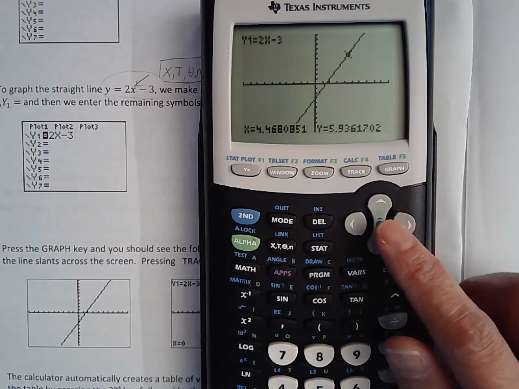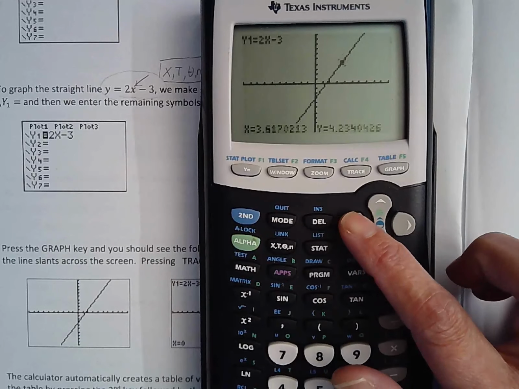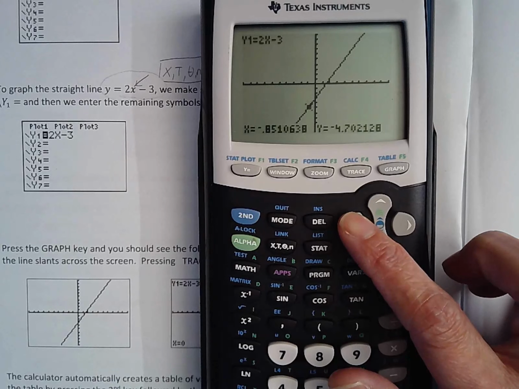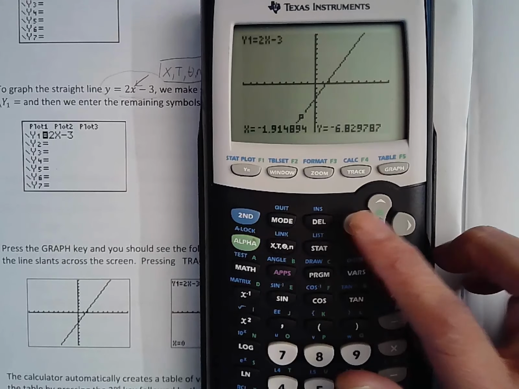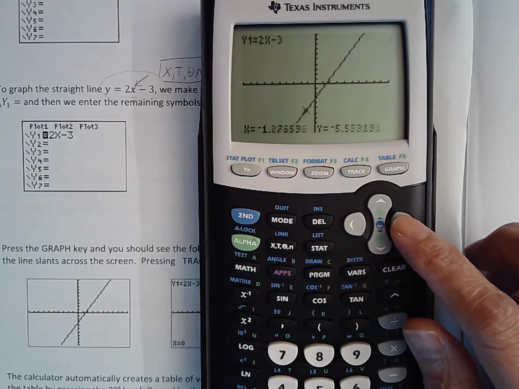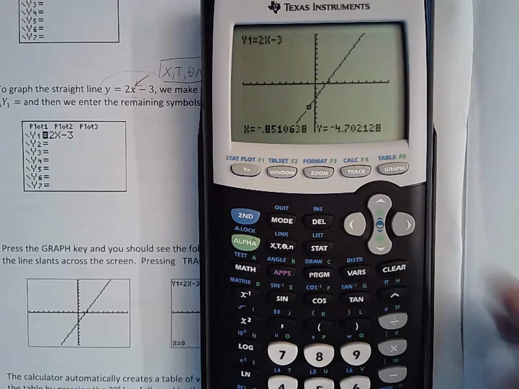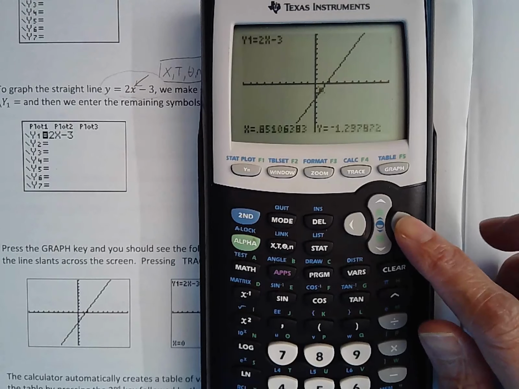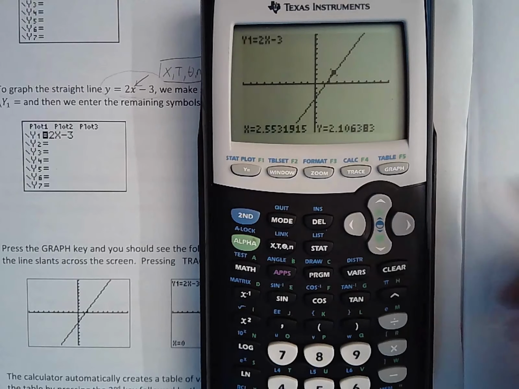I'm going to go to the left. What's happening to the graph? The dot is going down. Do you notice something going on in here? Yes, the number changes. Every time I press the button, left or right, I'm changing the value there. So that means I change the x.